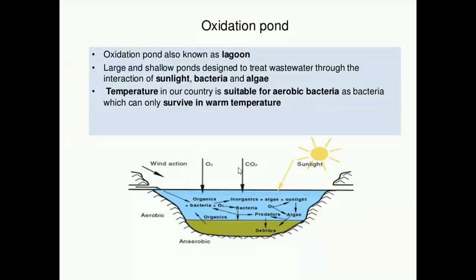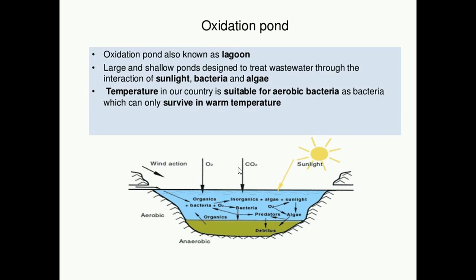In this, we are observing the oxidation pond. An oxidation pond, also known as a lagoon, is a large and shallow pond designed to treat wastewater through the interaction of sunlight, bacteria and algae. The temperature in our country is suitable for aerobic bacteria, as these are bacteria which can only survive in warm water.